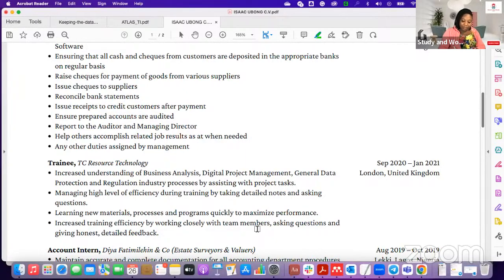The next step for you is the problem of not putting keywords, the keywords that are the job requirements or the program requirements.